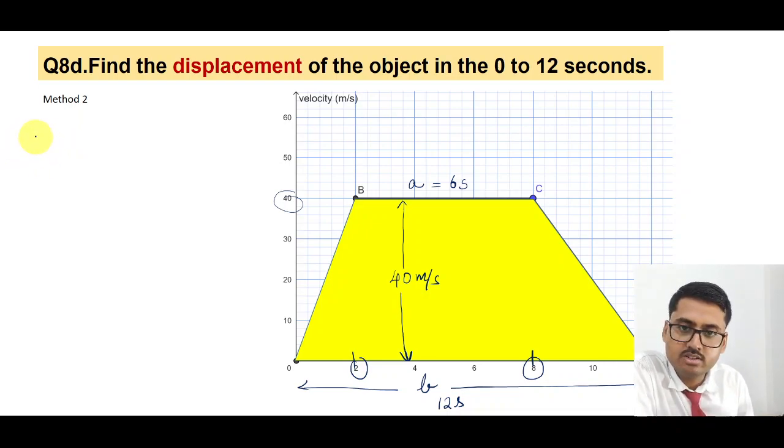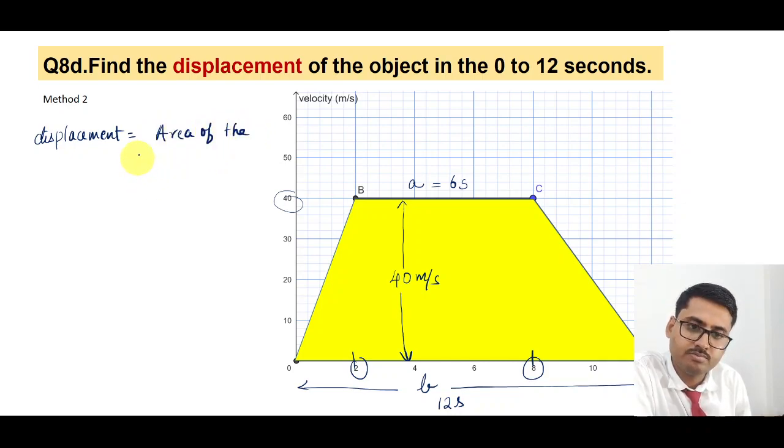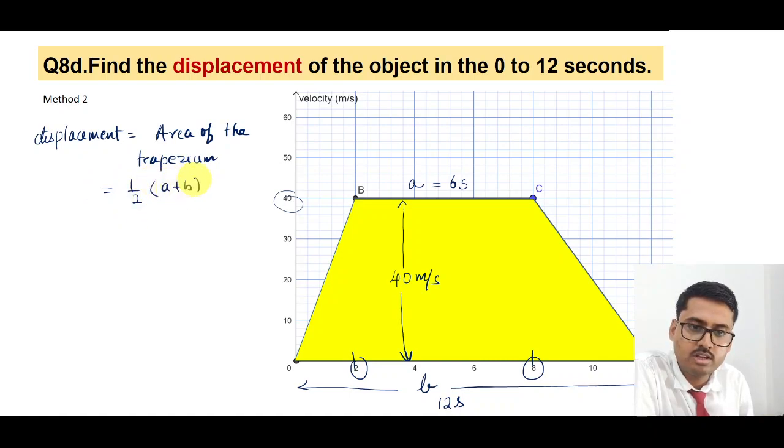So I'll write here displacement is equal to area of the trapezium and that is equal to half A plus B into H. So half, A over here we have taken as 6 seconds, B is 12 seconds, height is 40 meter per second.